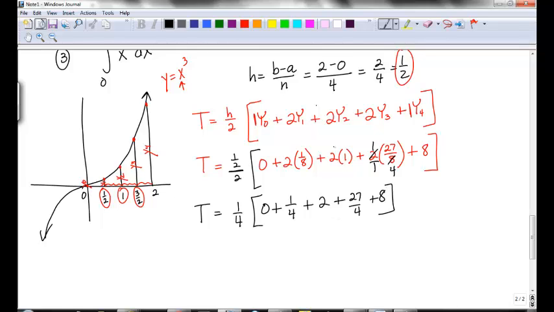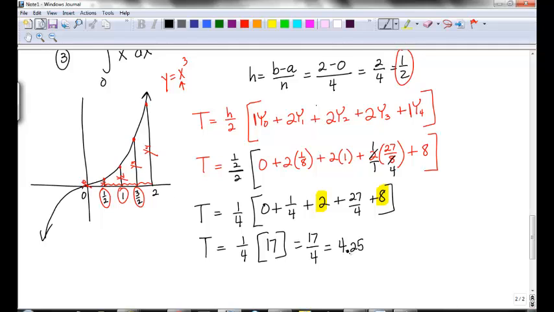Now, if you look inside here, simplify. 2 and 8 would be 10. 1/4 and 27/4 would be 28/4, which is 7. 7 and 10. So you end up with 1/4 times 17. So it'd be 17/4. If we divide that out, it would be 4.25. That is our approximation of the area under the curve using the trapezoidal rule.